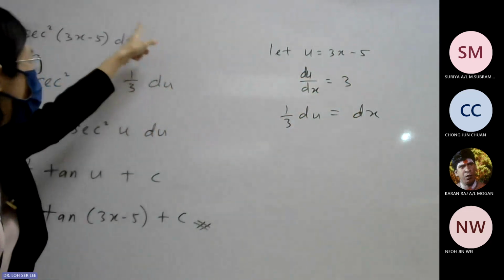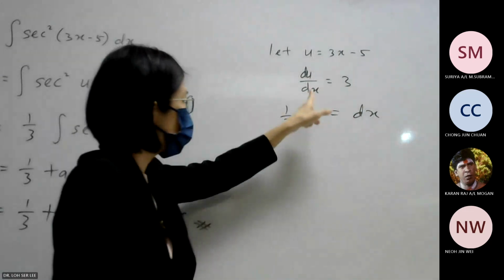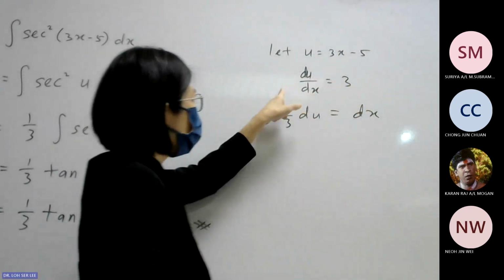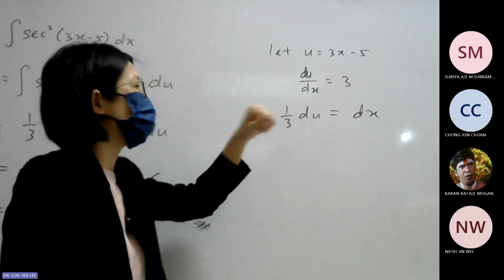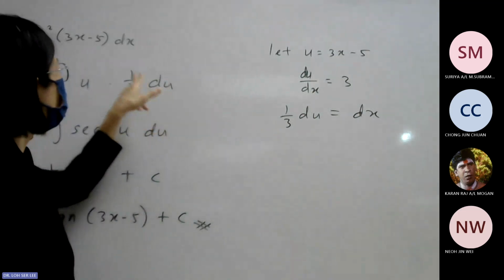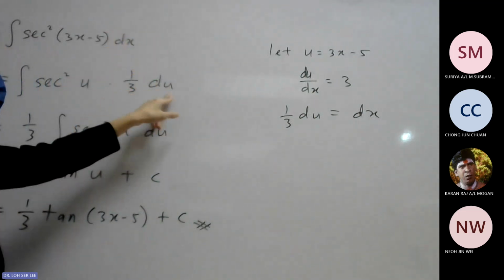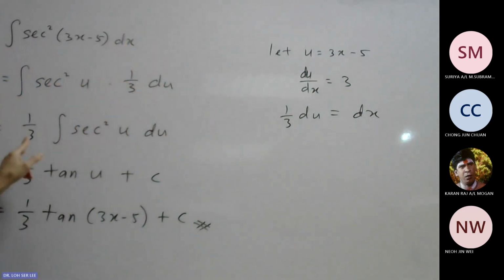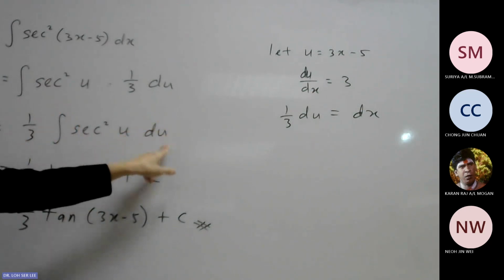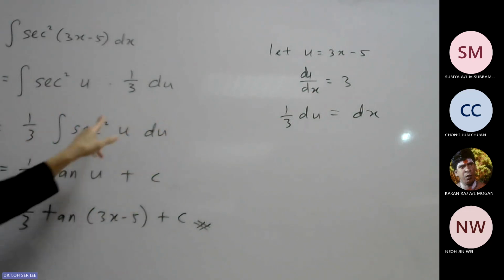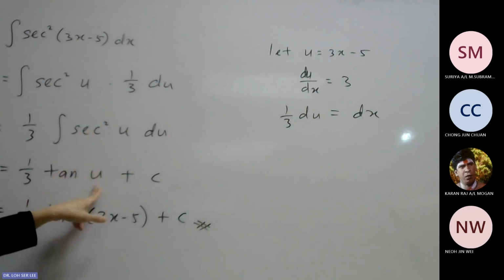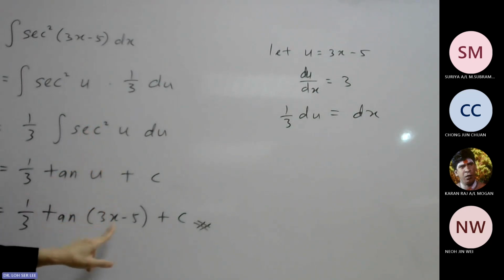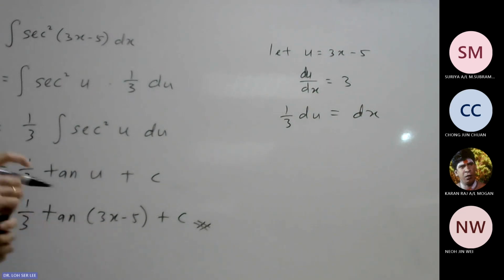If we want only the dx, this one goes to the left, it will be 1 over 3 du. So we replace dx by 1 over 3 du, factorize the constant, and integrate secant square u with respect to u. Integrating secant square, you get tangent u. Finally, change back u into x. So that is integration by substitution.